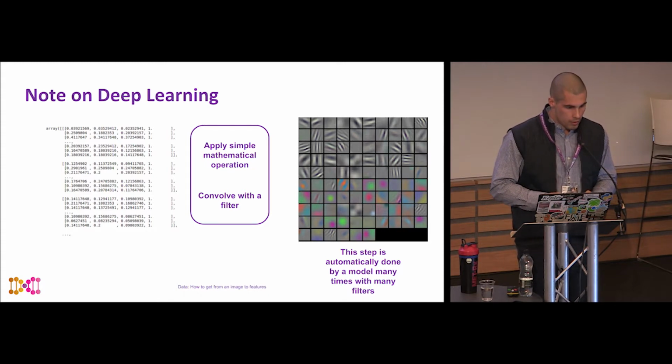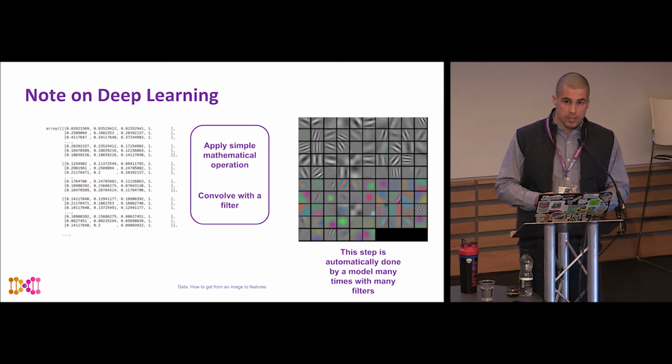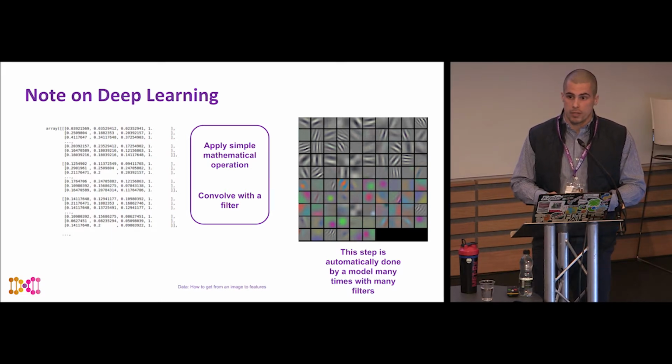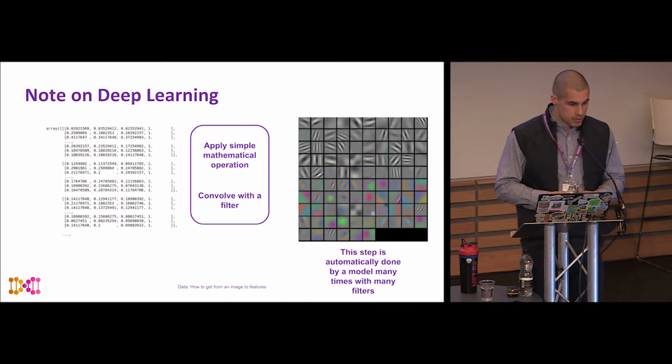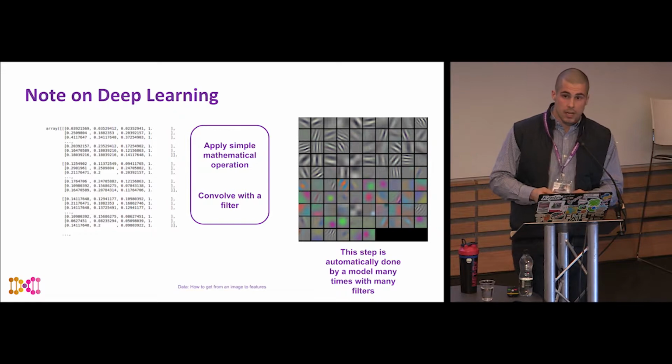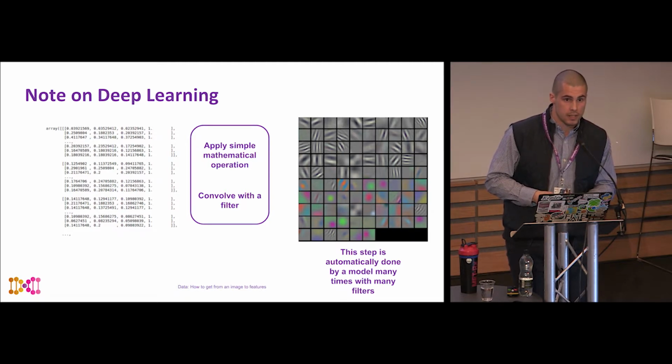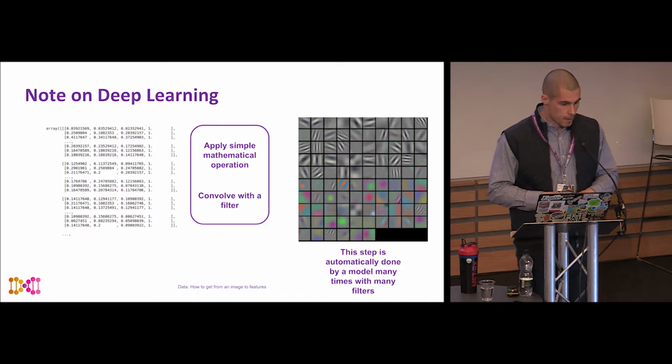What you see here on the right is all the possible filters that machine learning models, such as a convolutional neural network, would apply to the image to extract visual information from it. All of these vertical and horizontal lines, as well as color variation, are the filters that the machine learning model has learned in order to classify a natural imaging data set: dogs versus turtles versus airplanes, and so on and so forth.